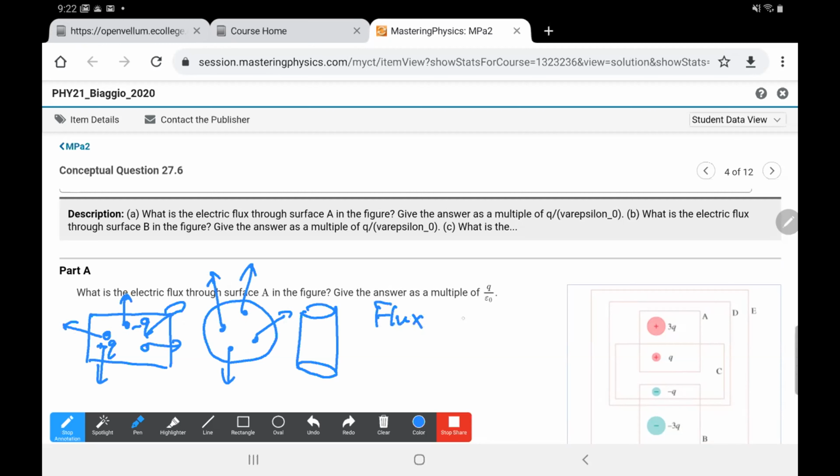The electric flux we use psi or phi to represent, depending on your preference. So here I use phi to represent the flux.